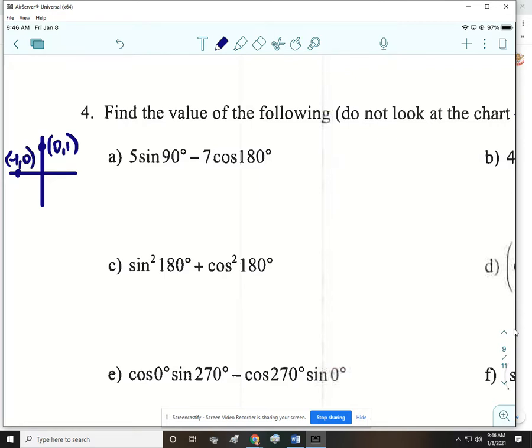What I want from these ordered pairs is the sine of 90 degrees and the cosine of 180 degrees. When we're using x, y, and r to find the sine, we do y over r. Because these points are all 1 unit away, r is going to be 1. So the sine of 90 degrees is 1 over 1, or just 1.